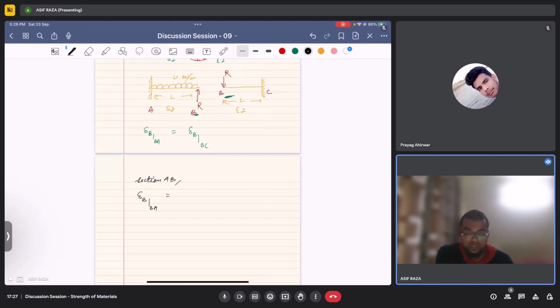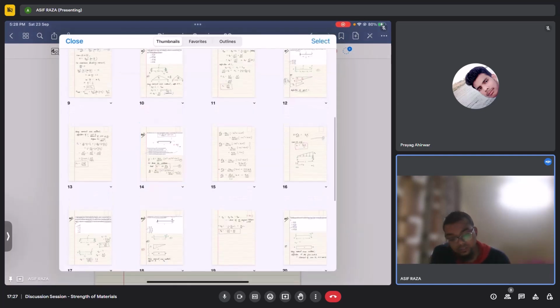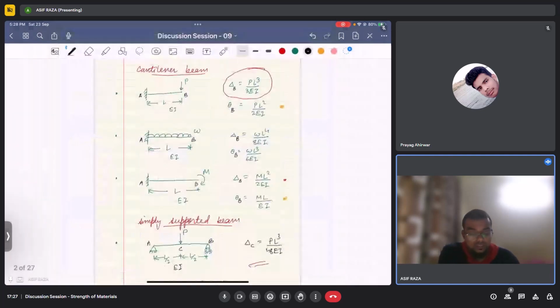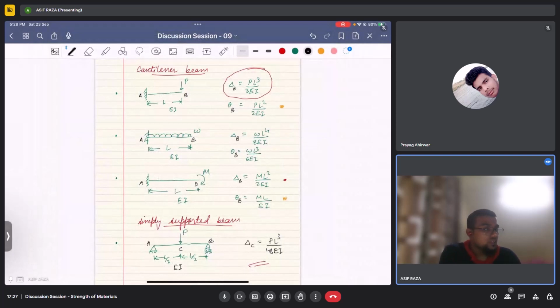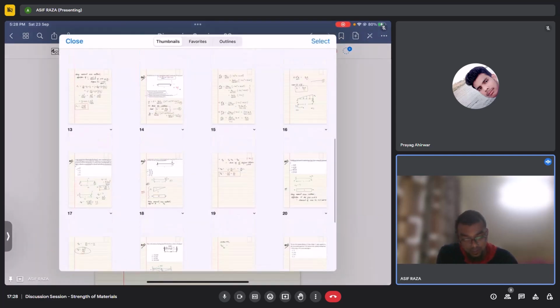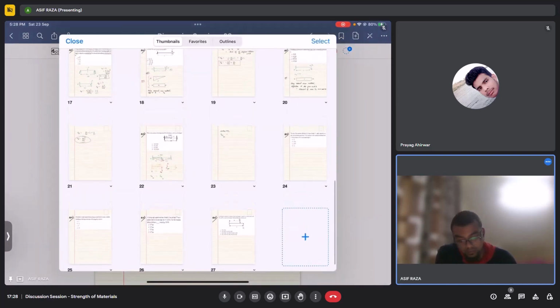Now I'll just try to use the formula which I provided you earlier. So if you see, there are two loading conditions. One is UDL and the other one is concentrated load. Okay, so for UDL case, if this is the one, WL^4 by 8EI.